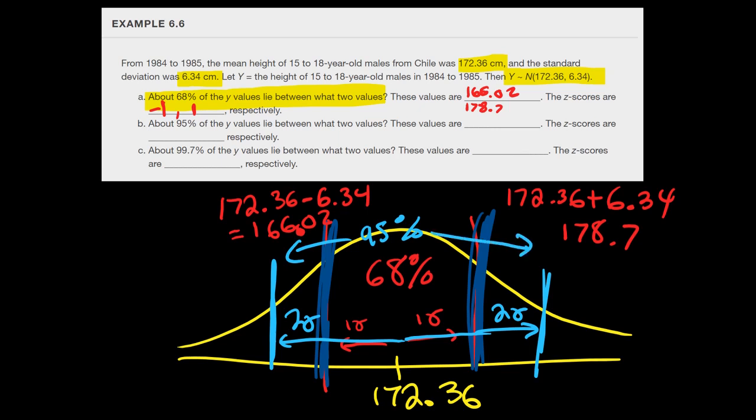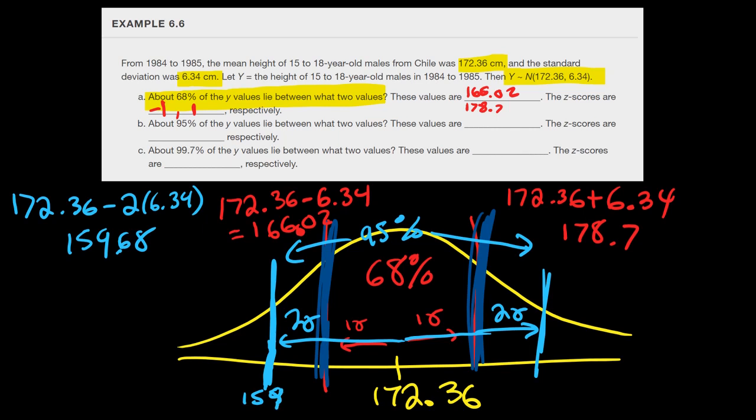So how am I going to figure that out? Start with the mean, 172.36, and subtract off two standard deviations to find the lower value: minus 2 times 6.34, which is 159.68.